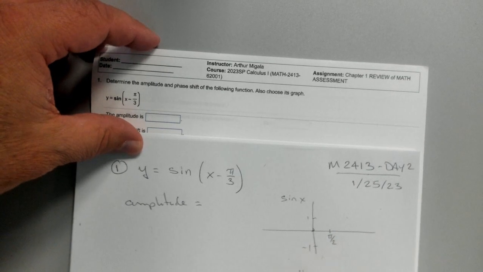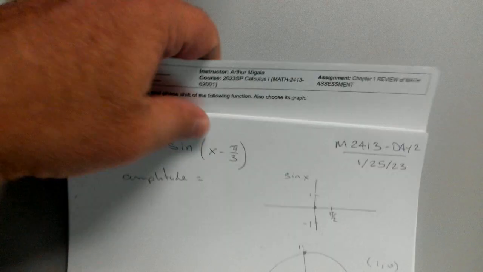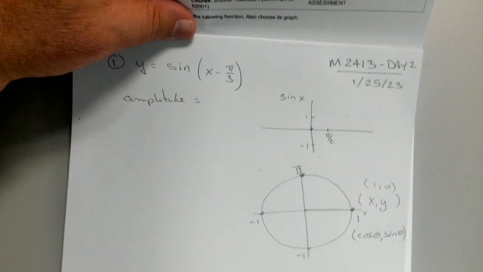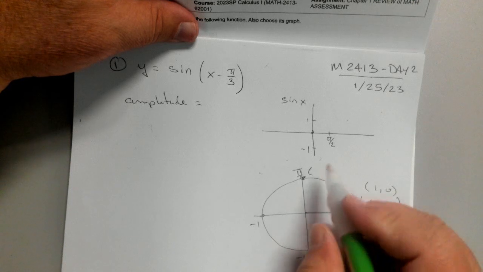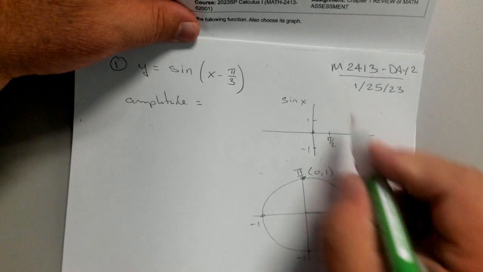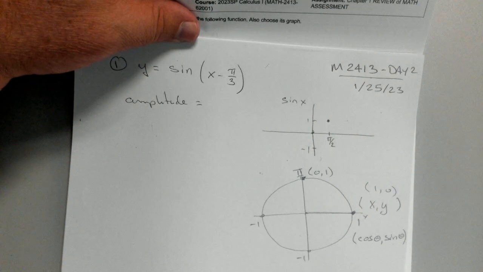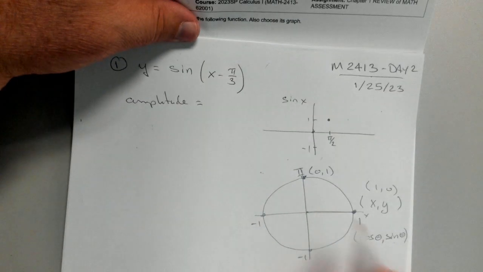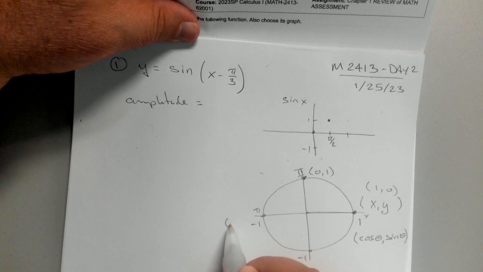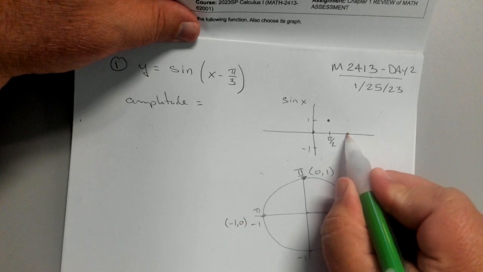At pi over 2, it's this one. What's the location there? 0, 1. So the sine value is 1. At pi, it's back to being 0.